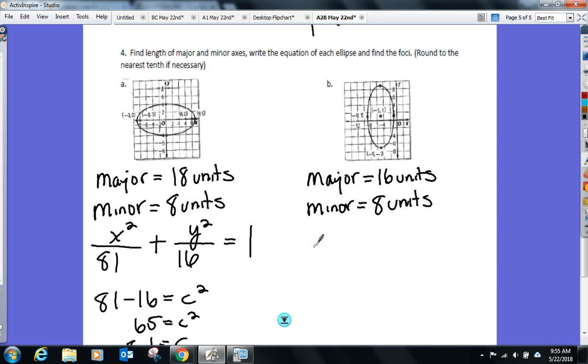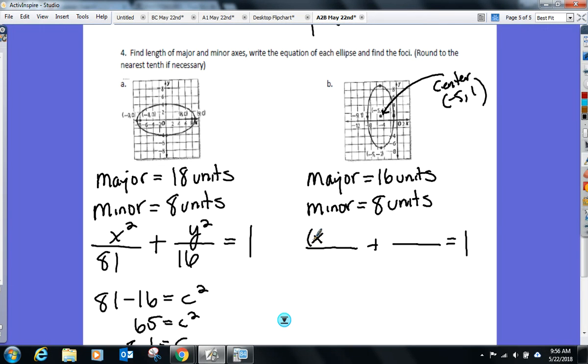All right, let's see who's on this. Can you come up with the equation for me? They already told you the center is negative 5, 1. What should go in my first fraction here? X. What goes in the parentheses?